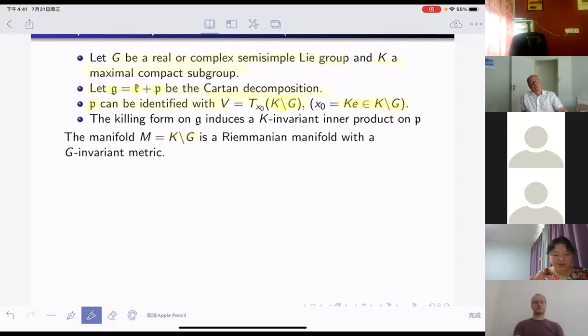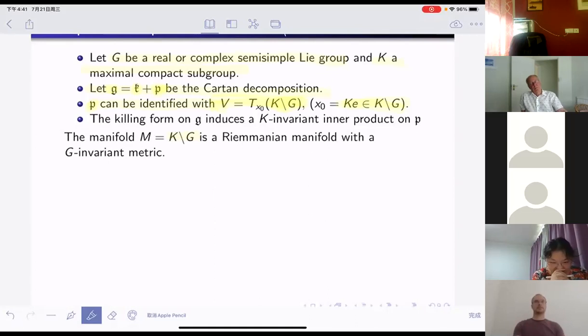And actually, this is very natural to think about, because P is supposed to be the Lie algebra of something, and the Lie algebra means taking the tangent space at the identity, and this is indeed satisfying this kind of analogy. So this is quite obvious.